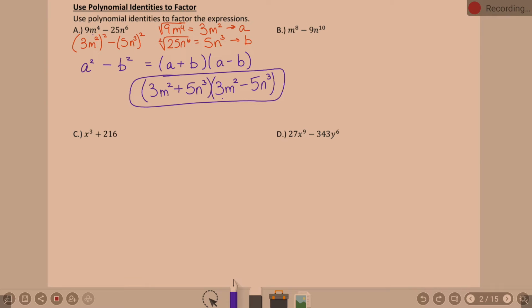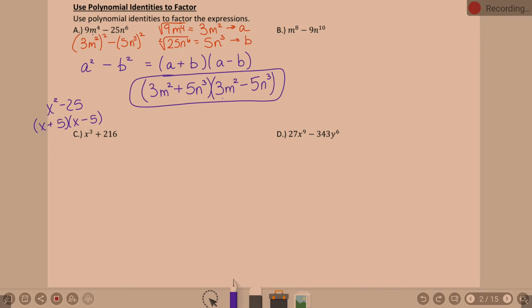Okay? So with difference of squares, the shortcut is just take the square root of each piece, fill them into your parentheses, once with a plus, once with a minus. And this is just like if we had done, we factored x squared minus 25 this year, right? That's exactly what this is doing. X squared minus 25 factors into x plus 5 and x minus 5.